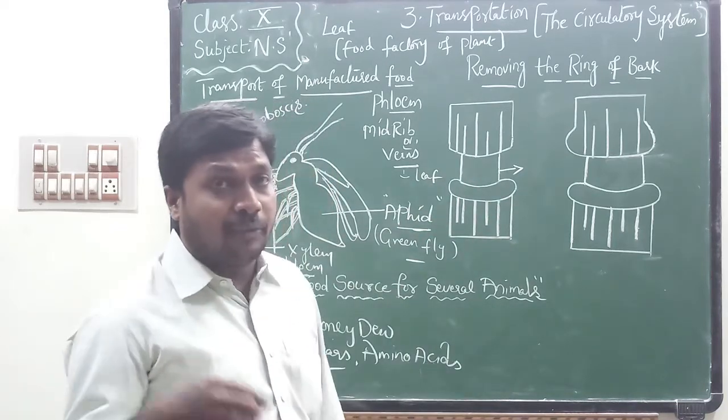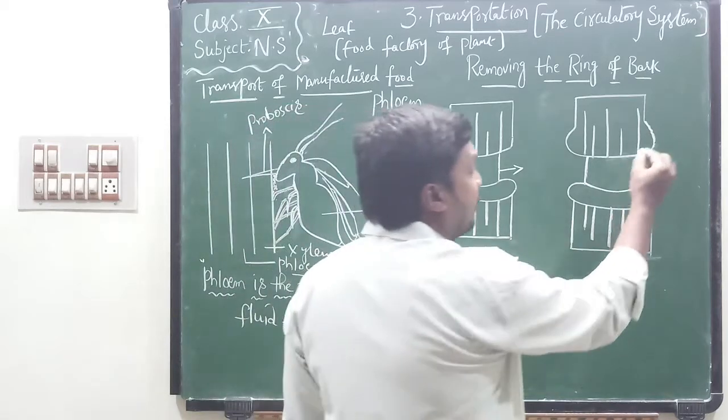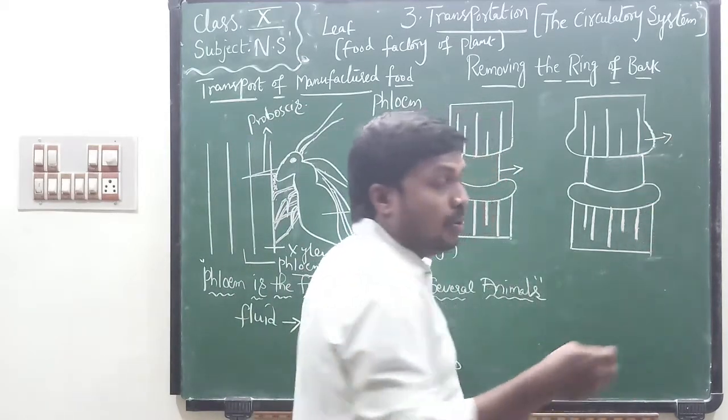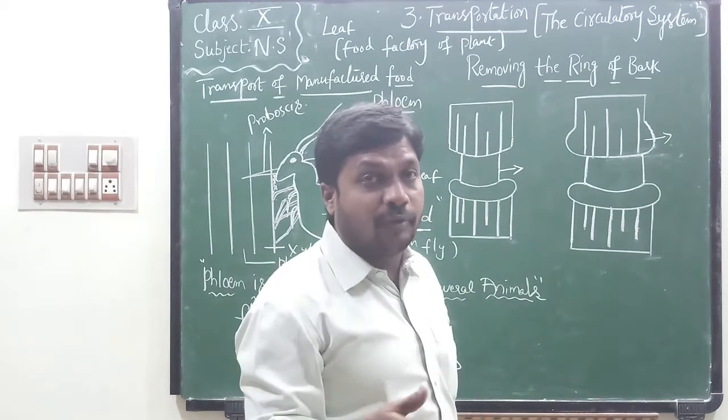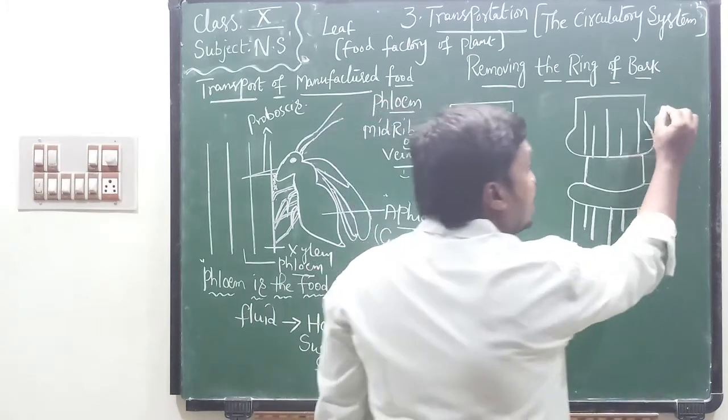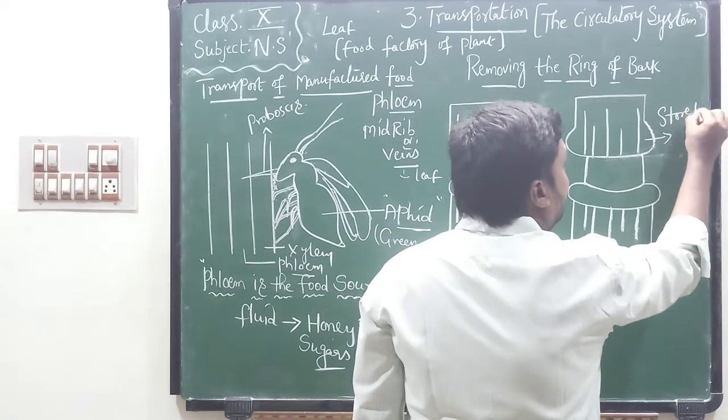When the xylem and phloem tissues are removed, what will happen? Due to the absence of phloem tissue, food will not be transported from upper parts to lower parts, and the food will be stored.